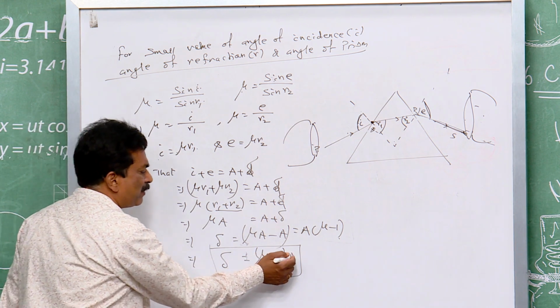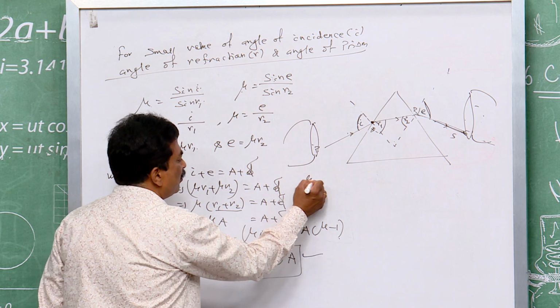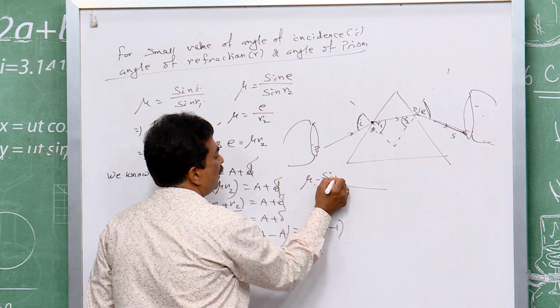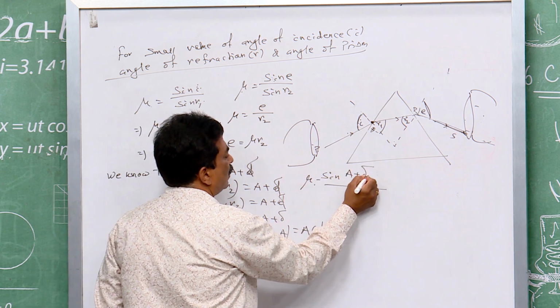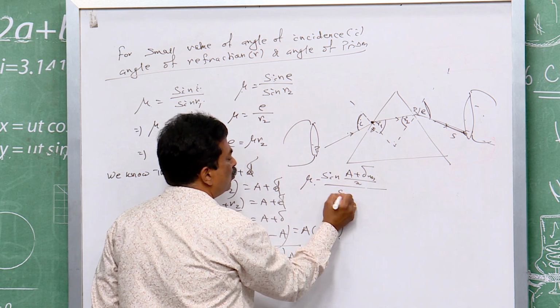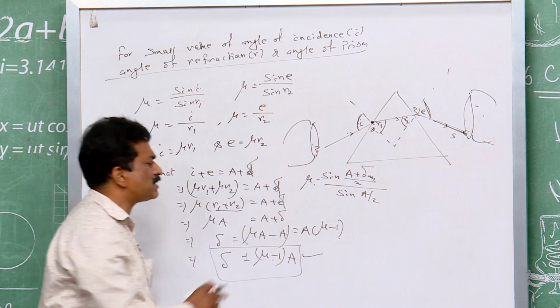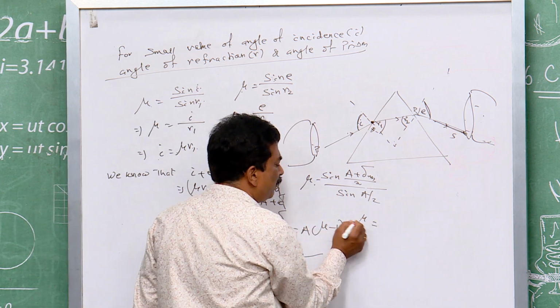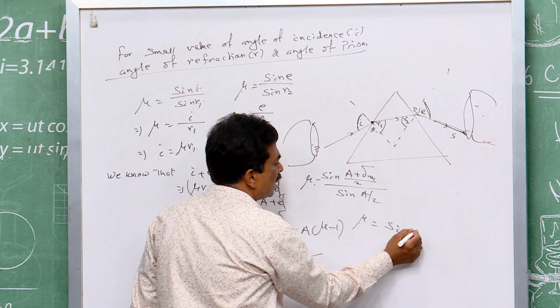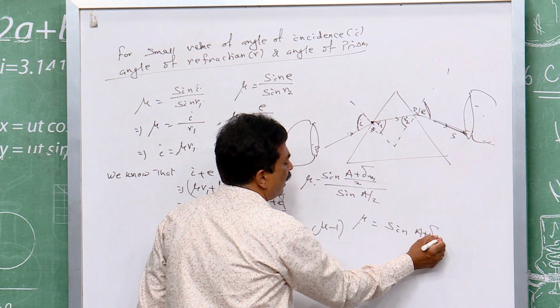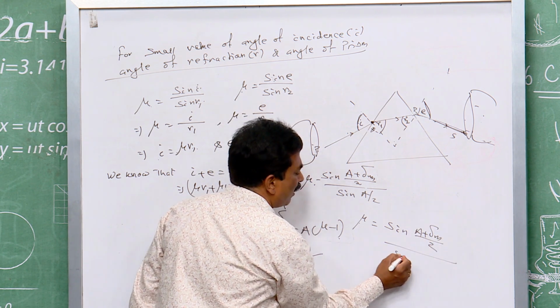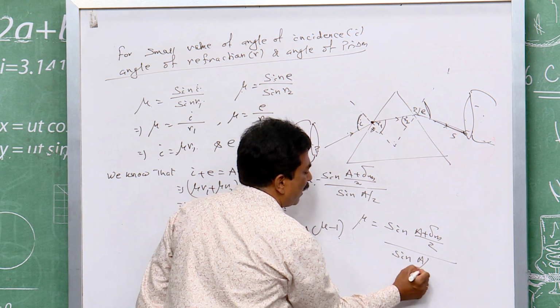Delta is equal to (mu minus 1) into A, and mu is equal to sin((A plus delta m) by 2) by sin(A by 2). But most students write it in this way: mu is equal to sin(A plus delta m) by 2 divided by sin A by 2.